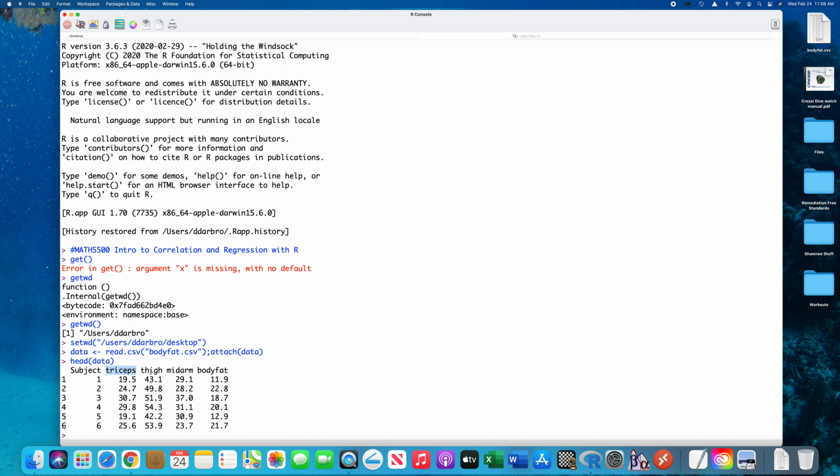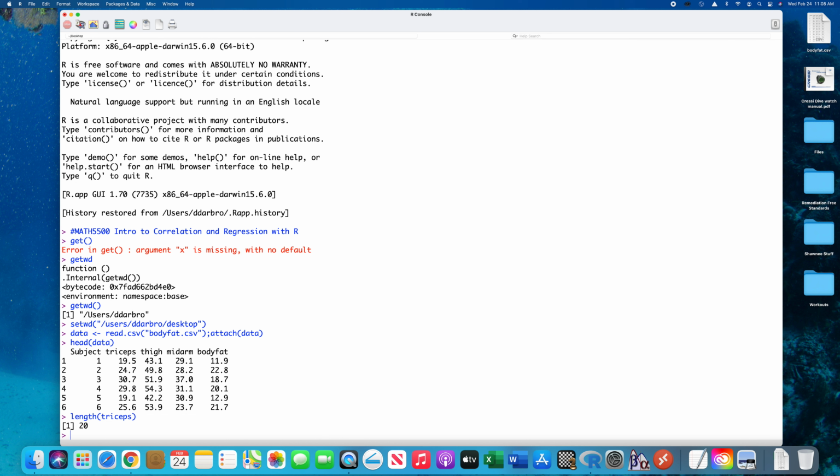But I have a triceps measure, a thigh measure, mid-arm, and a body fat. Now, if I want to find the number of subjects, I can just do length of anything here. I'm just going to choose triceps because it's first. So if I looked at the entire data set, I would have 20 cases, 20 subjects that make up this data.